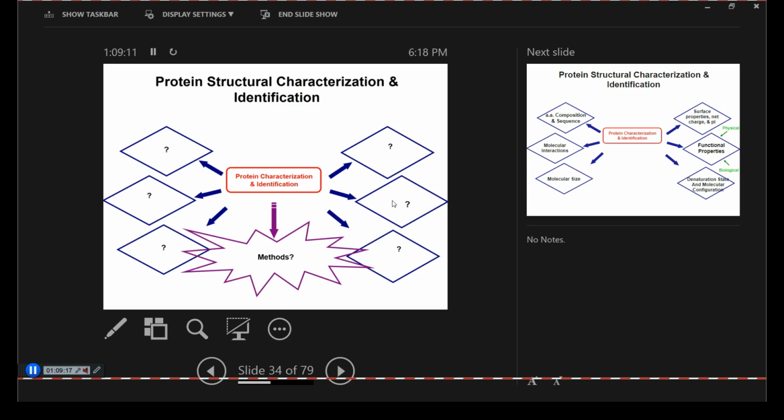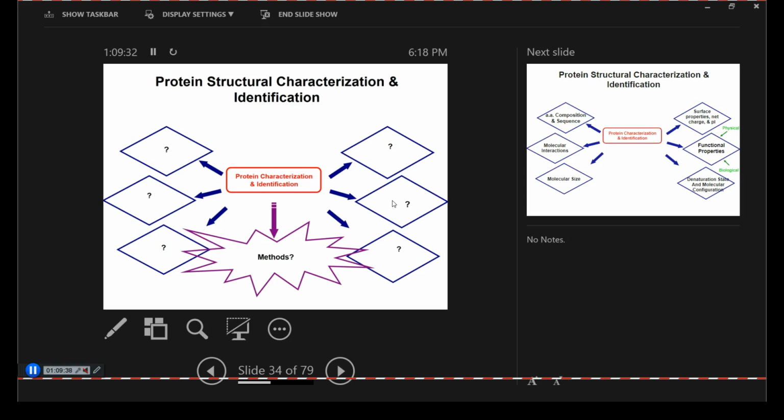When I say structural characteristics, what can you think of? Amino acid composition, yes. Okay, what else? Amino acid composition and sequence, that is a structural component. Secondary structure and tertiary structure, so molecular configuration.